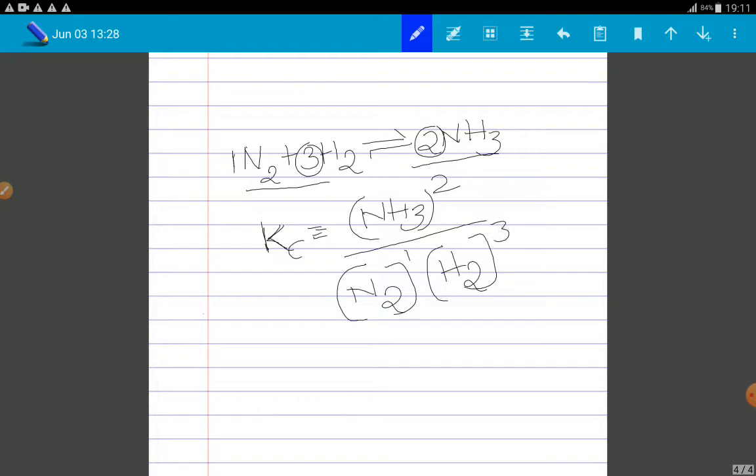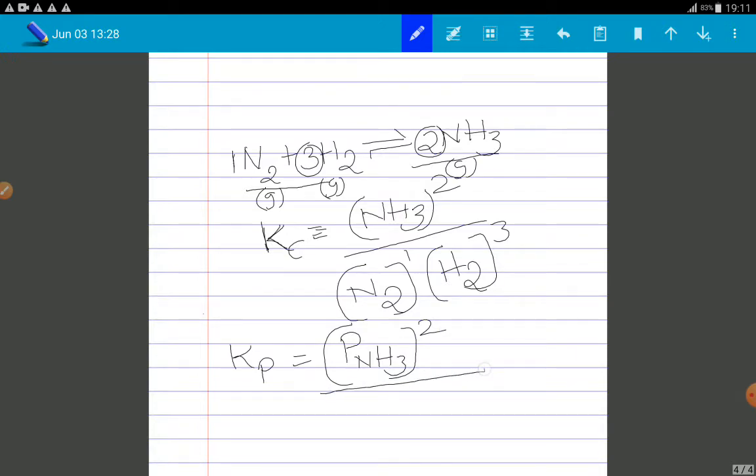Now if you want Kp, for example when all are gaseous, how do you write it? Kp equal to, and since these are gases you write partial pressures. First the product, the partial pressure of ammonia raised to the power 2, like Kc.